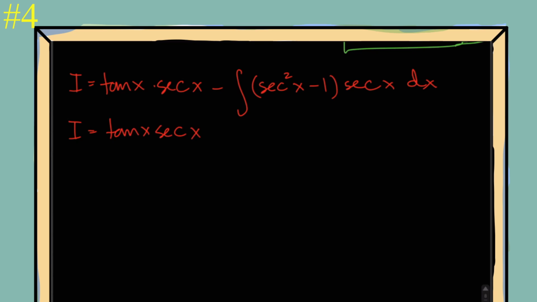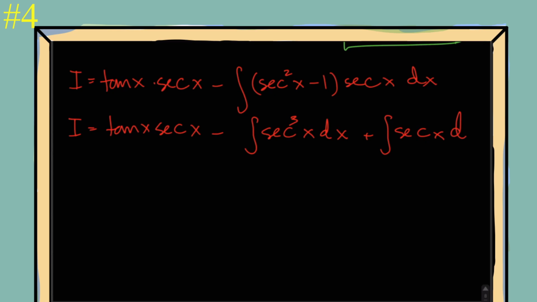Secant x minus the integral of secant cubed x dx, and we can separate these, plus the integral of secant x dx. Well, this is actually just our I.